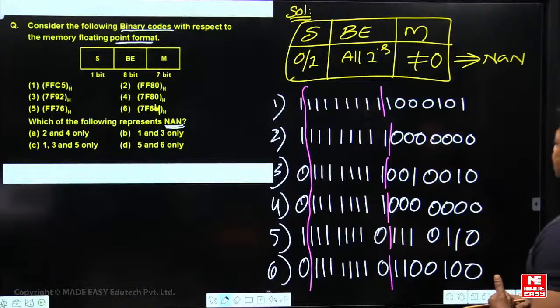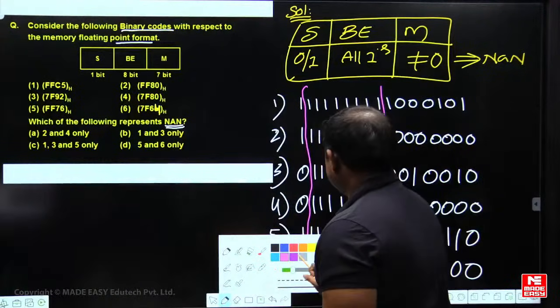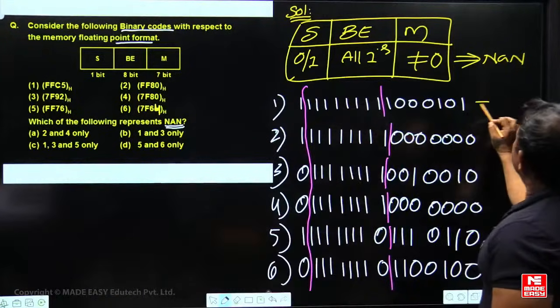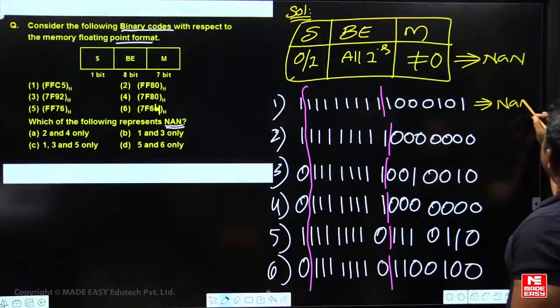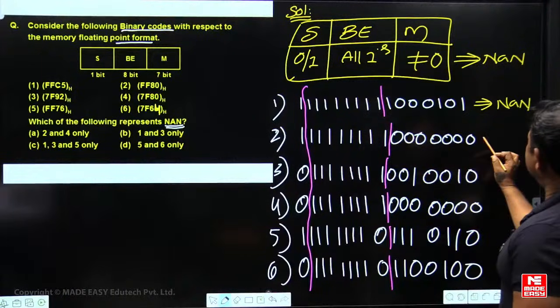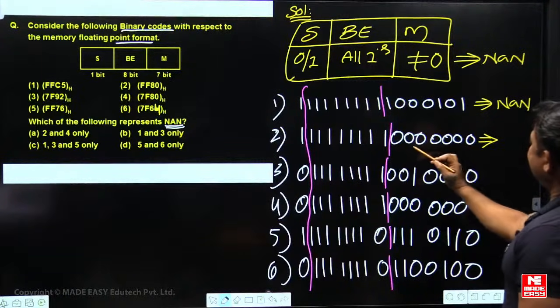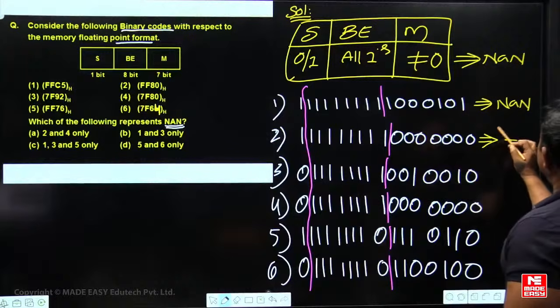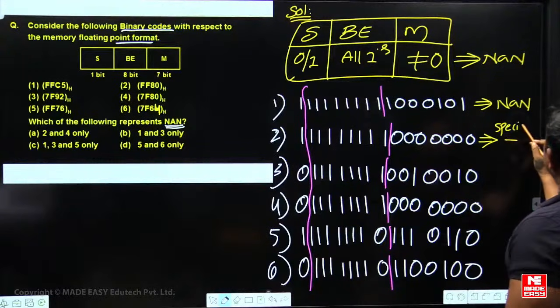Correct. Now here the M. This is not a NaN but a special value, minus infinity.